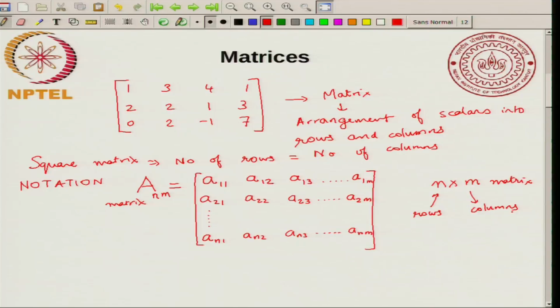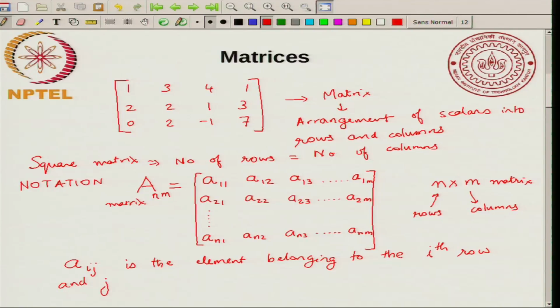Okay. And this notation is very useful where we just denote the various elements. a i j is the element belonging to the ith row and jth column. So, we will be following this notation throughout.